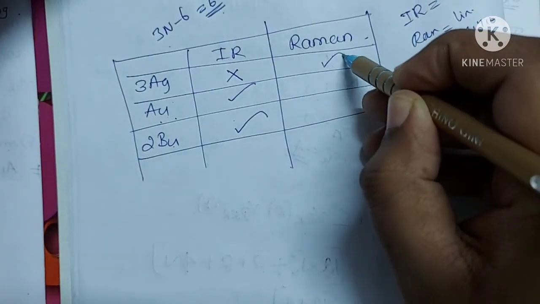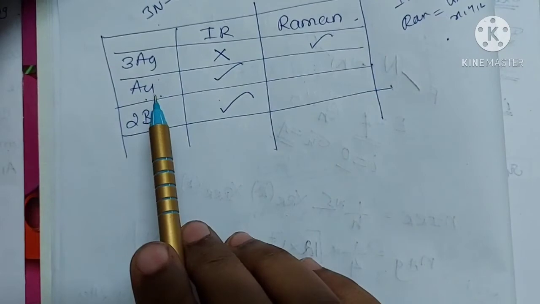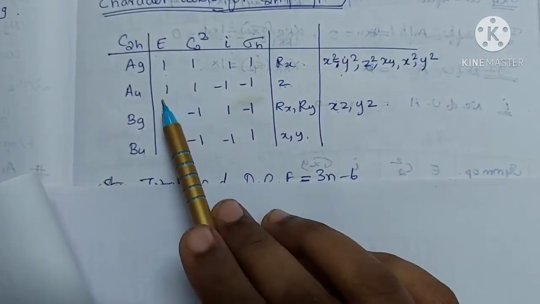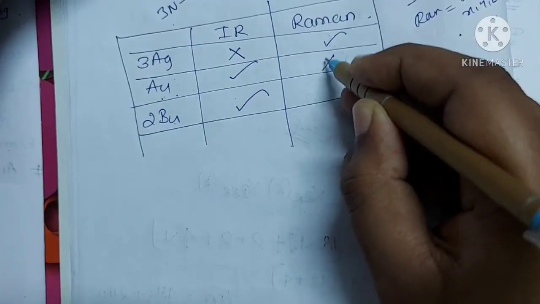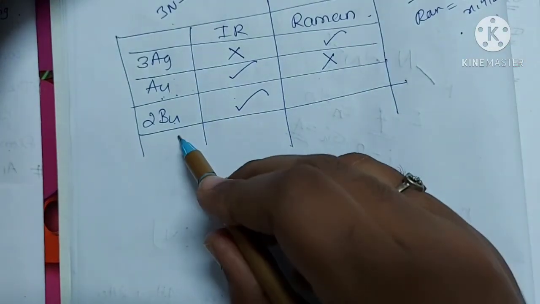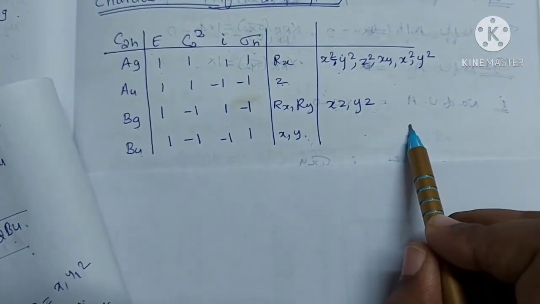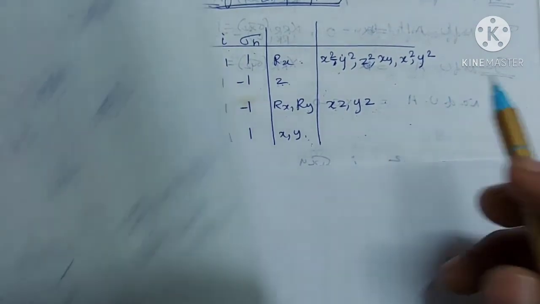So Ag is Raman active. Next we have Au. In the case of Au we don't have any combinations, and Au is Raman inactive. And we have Bu. In Bu also we don't have any combinations of these orbitals, so again Bu is Raman inactive.